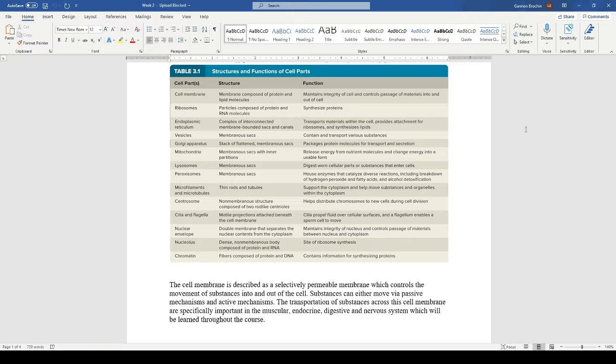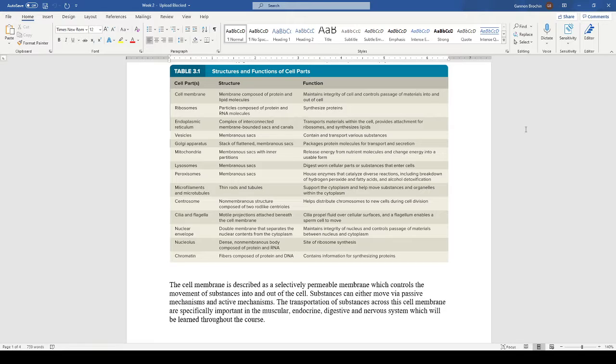Okay? In fact, the smooth ER plays a big role in the creation of lipids. Okay? Because lipids, while generally the term fat has a negative connotation, lipids actually play a big role in a lot of bodily processes. Next, we'll skip over vesicles because I'll talk about that in a minute, but the Golgi apparatus is the second transport network.